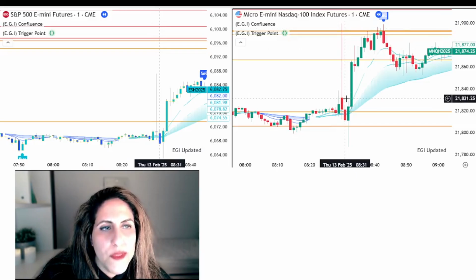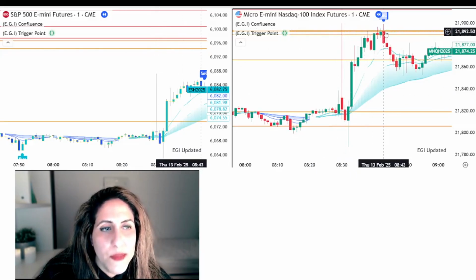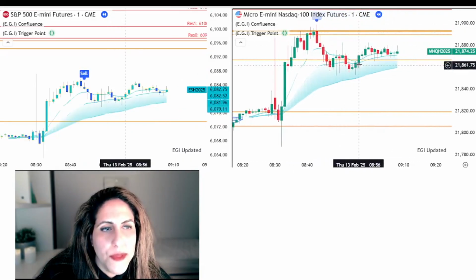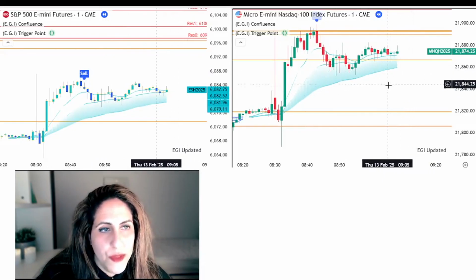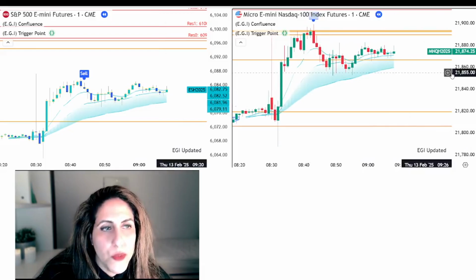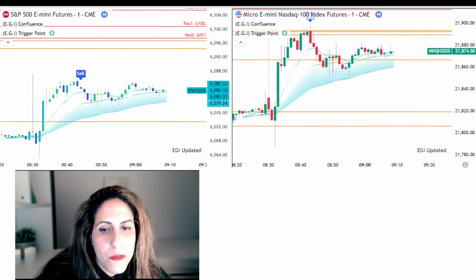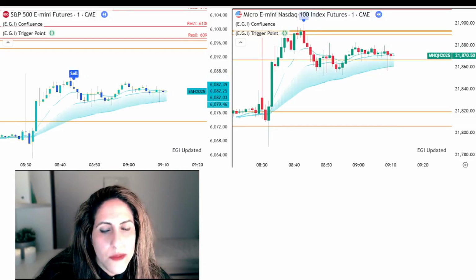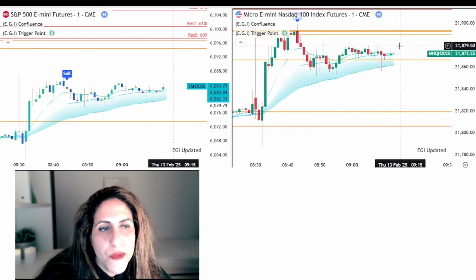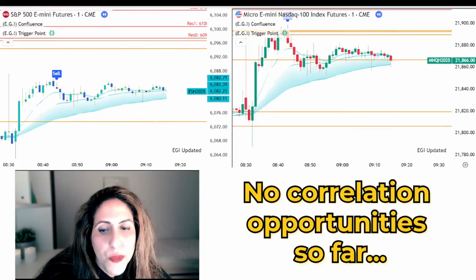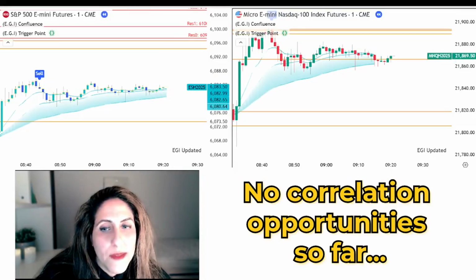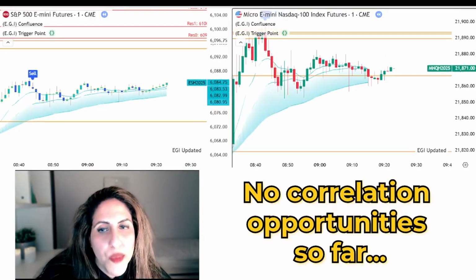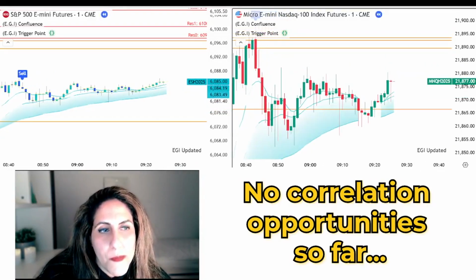It bounced off resistance several times, as you can see here, and then it bounced off this support level. So we identify strong reaction of the markets to our trigger point. So at this point, there are many trigger points for NQ, but a very few lines for ES, making it harder to identify correlation-based opportunities.